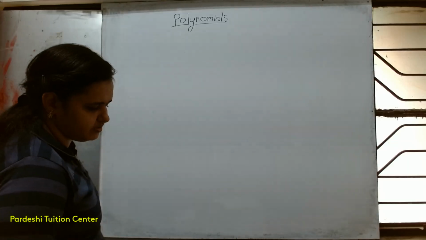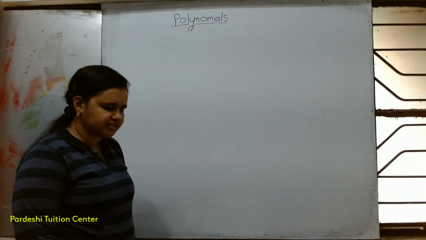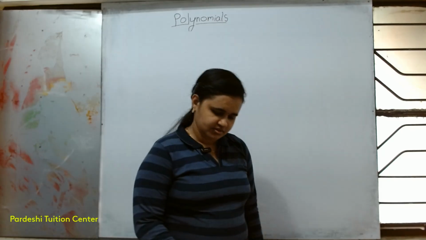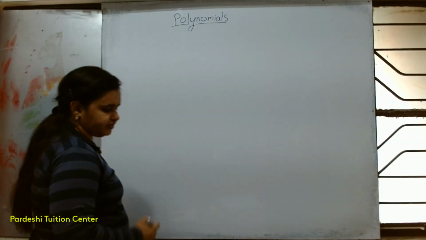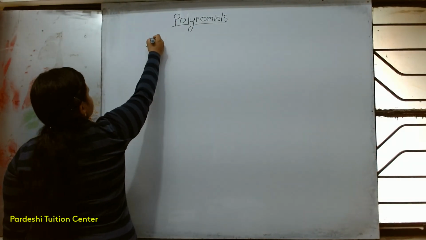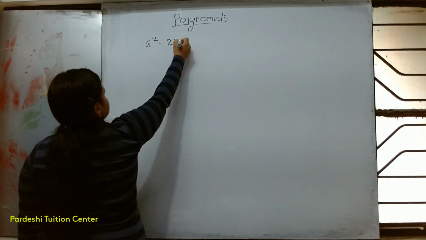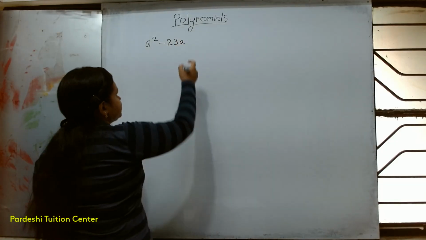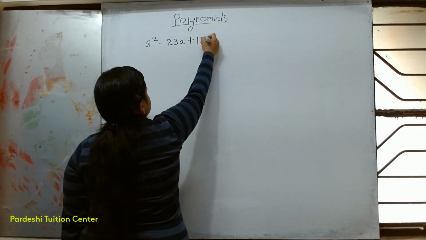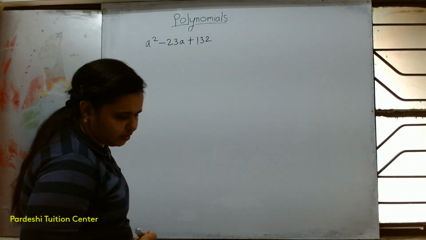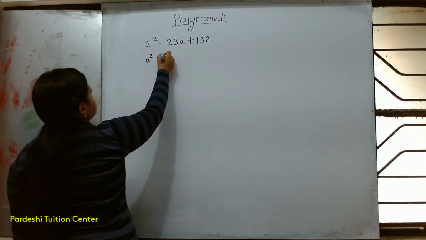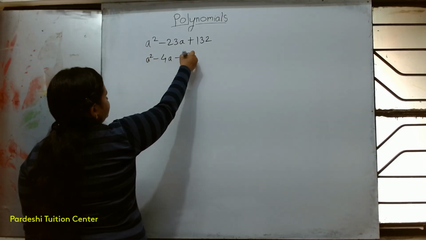Now D, again the GCD of two numbers is given. Two numbers means two polynomials. Then the two polynomials are a square minus 23a plus 132, and the second polynomial is given as a square minus 4a minus 77.